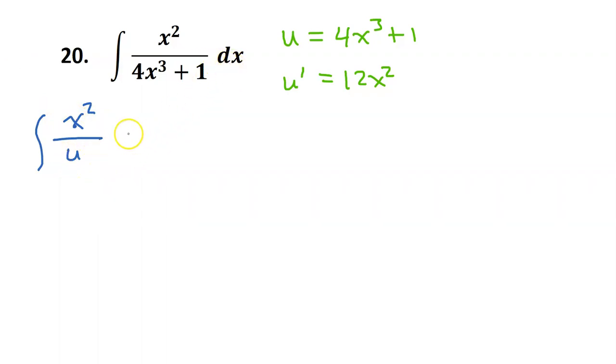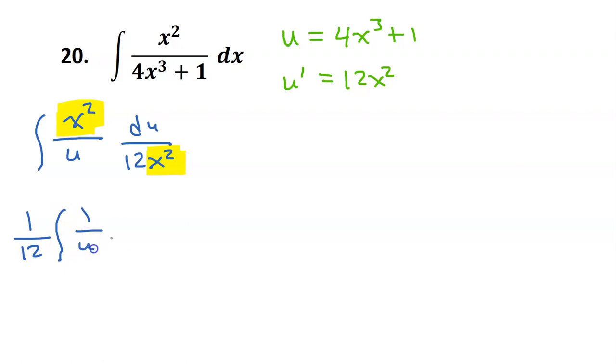Instead of writing dx, we will write du over u prime, which is 12x squared. We notice that we have x squared in the numerator and the denominator, so these cancel each other out and they're gone. The 12 in the denominator can be brought out front as 1/12. So we have 1/12 the integral of 1 over u du.